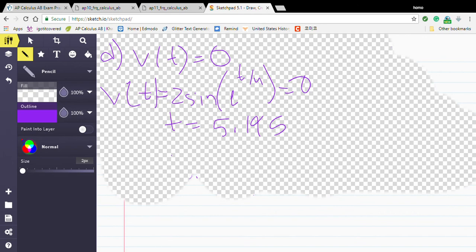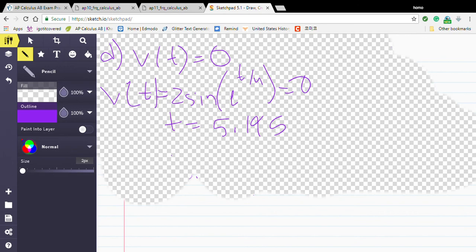I graphed the equation, then you hit second calc, select zero, find the left bound and right bound, and get the zero where velocity is 0, which is 5.195.